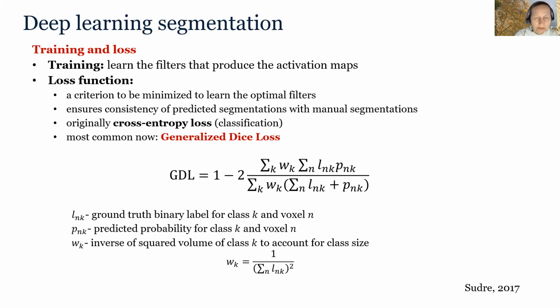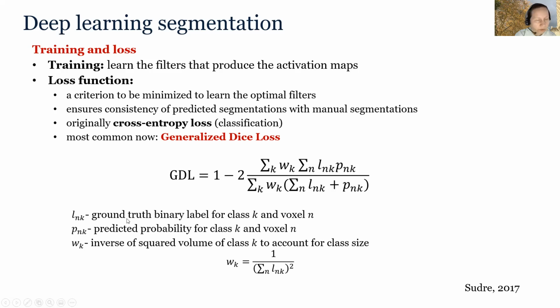So this is the equation for a generalized dice loss, and I will go through it a little bit to try to explain to you what it means. So we have several letters there that we need to understand. So L, this is our manual labels. So L_nk is the ground truth binary label for class k and voxel n.